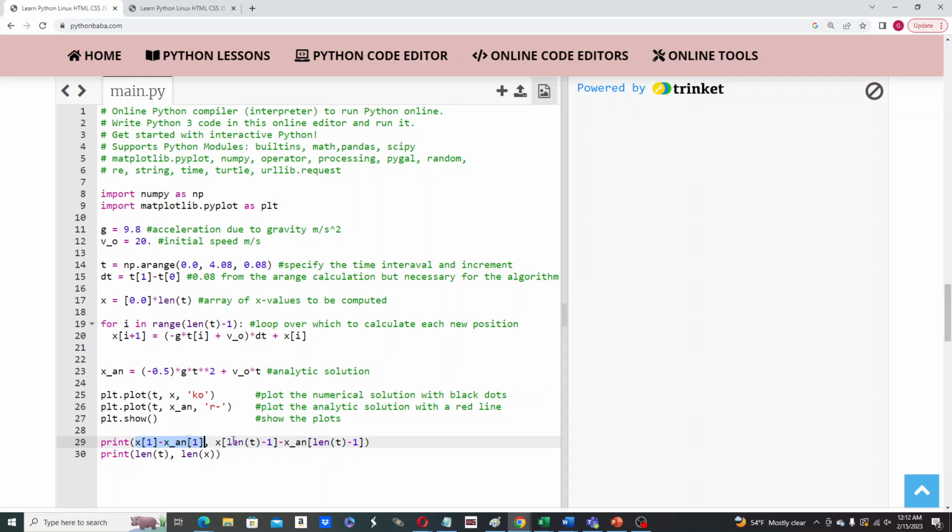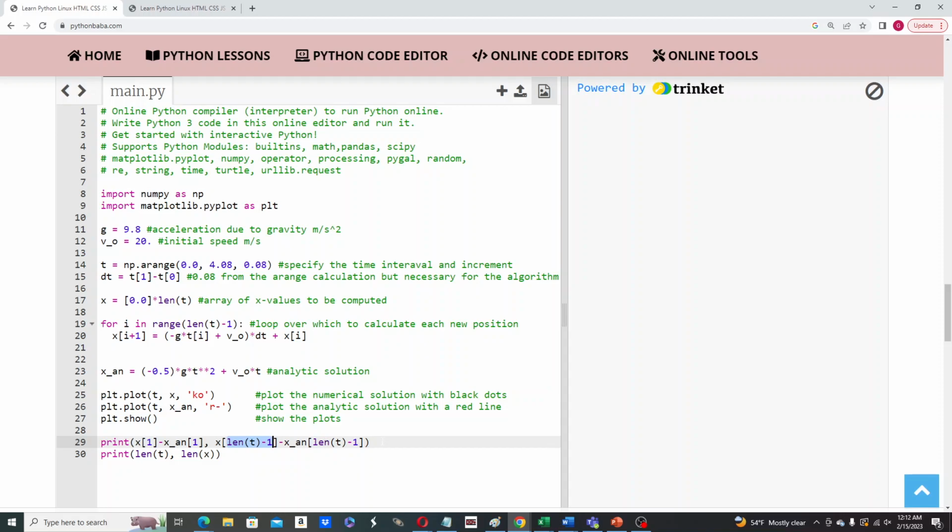I'm finding the last elements, and so remember the length of the T array is 51 elements, but because Python indexes from 0, the index on the x elements will run from 0 to 50, giving a total of 51. So the 50th index will be the last one, so I need to take 51 minus 1, and that will give me an x index of 50. Same thing with the analytical solution, xan.